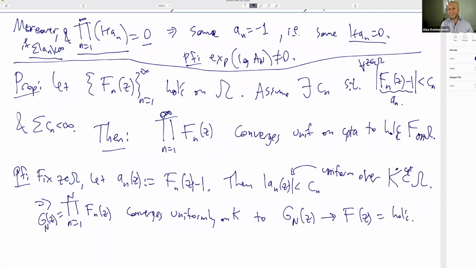It's only holomorphic on K, but K was an arbitrary compact subset of omega, so it's holomorphic on all of omega. Does that make sense?